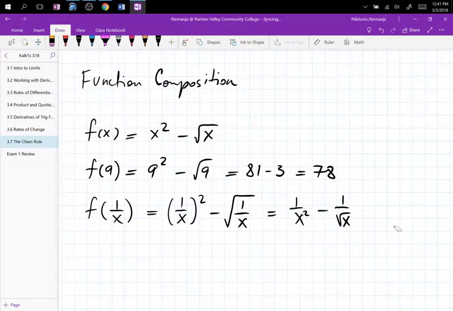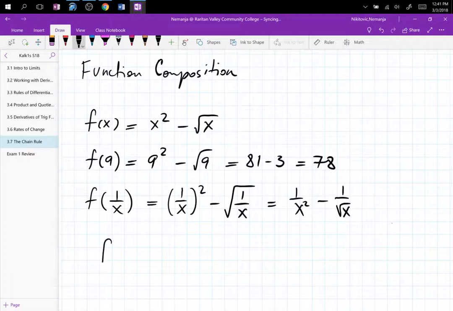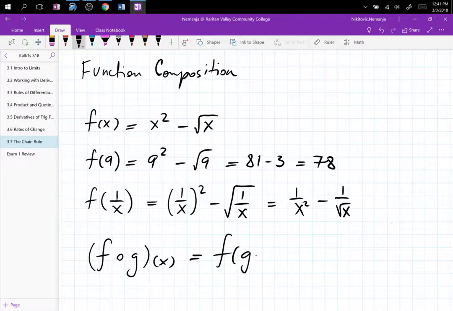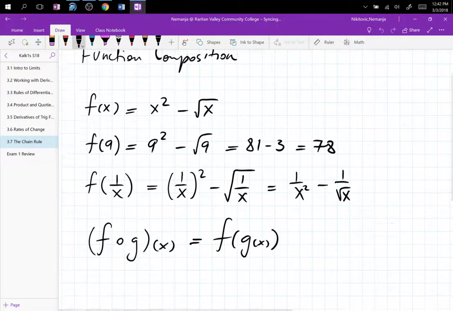So what is function composition? Function composition, f composed with g of x, also known as f of g of x, is when you plug function g into function f.